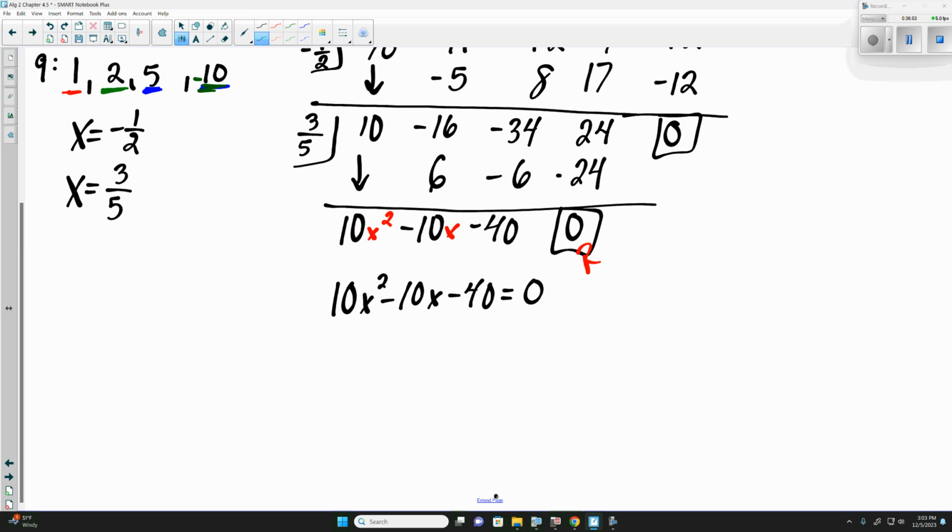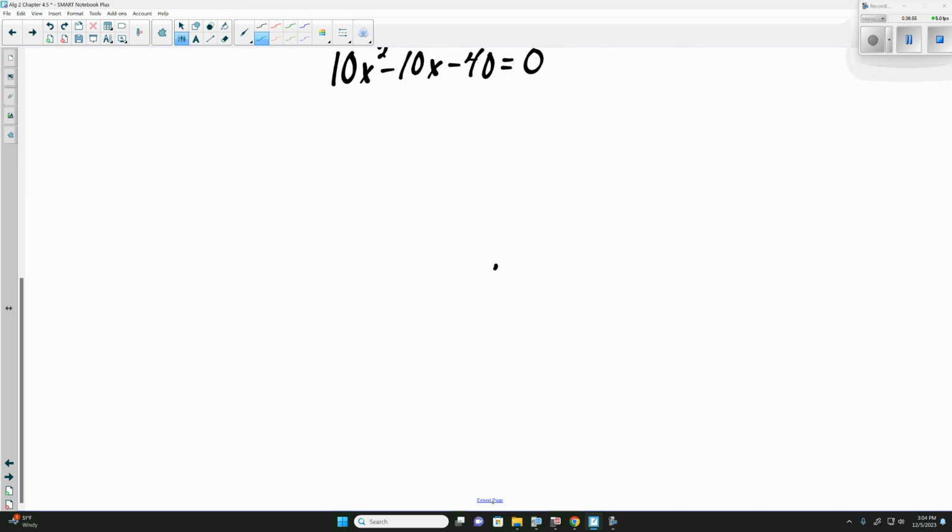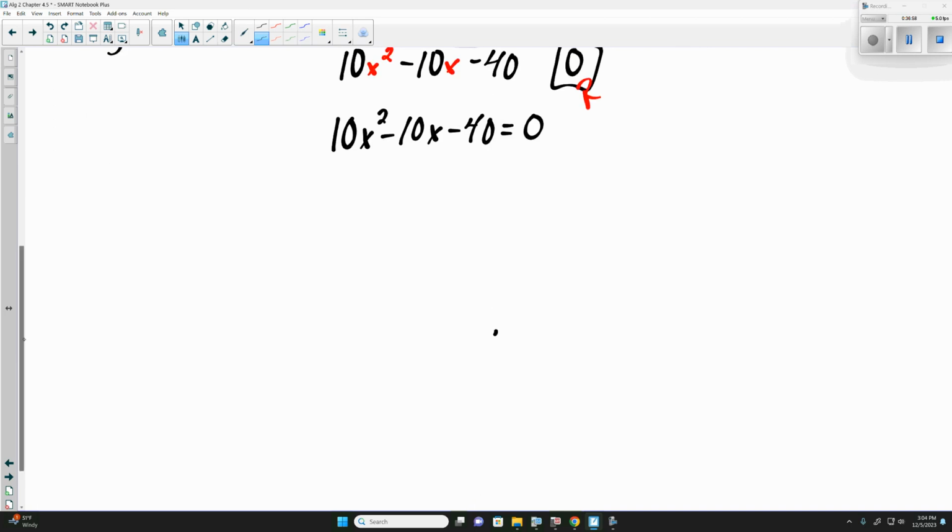Now, the last thing we need to solve is this here, 10x squared minus 10x minus 40. Now, if there is a greatest common factor between the three terms and it's a number, get rid of it. Here, is there a greatest common factor between 10x squared, 10x, and 40? 10. We can actually divide the whole thing by 10 and get rid of it.